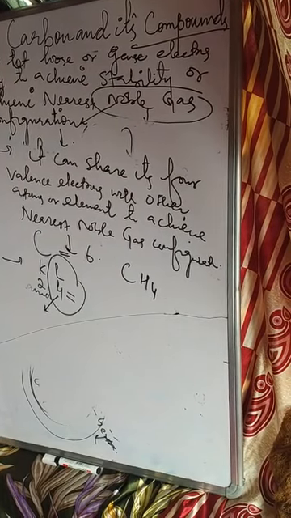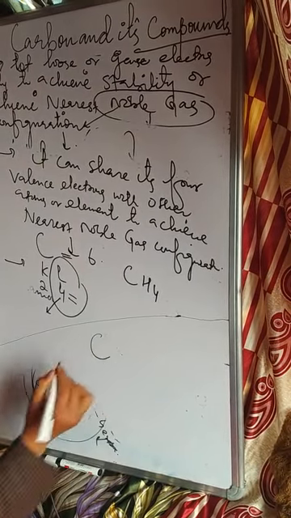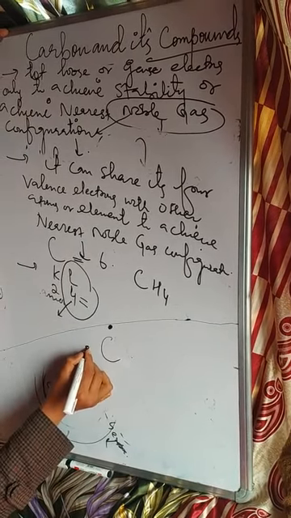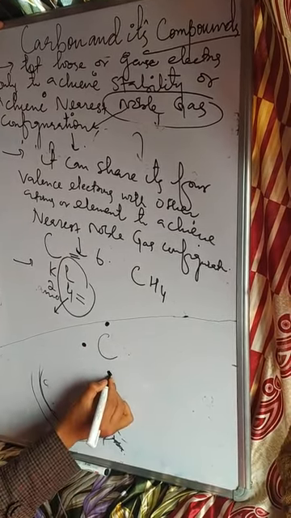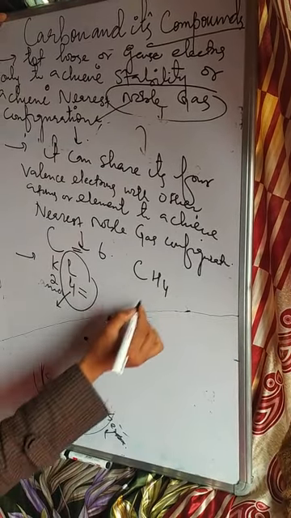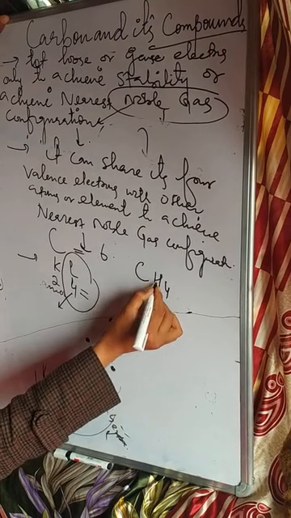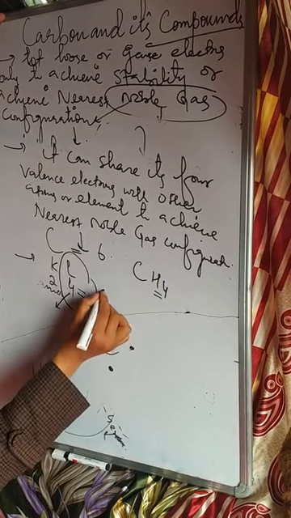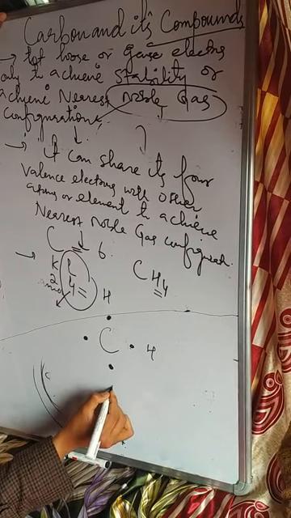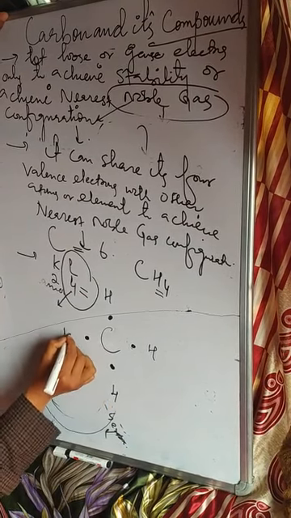In methane, this is carbon having 4 valence electrons. This is 1st valence electron, this is 2nd, this is 3rd, and this is 4th valence electron. It will share its 4 valence electrons with 4 hydrogens. Like this is 1st hydrogen, this is 2nd hydrogen, this is 3rd hydrogen, and this is 4th hydrogen.